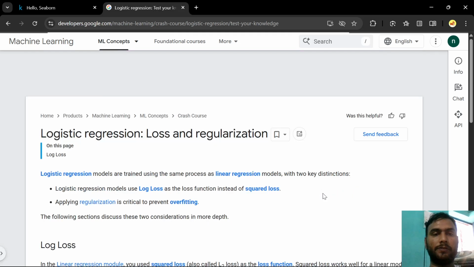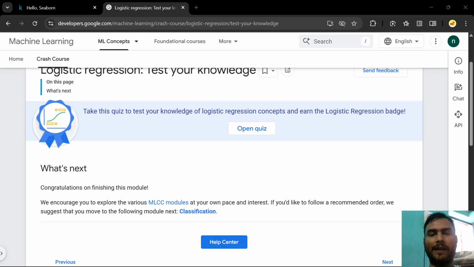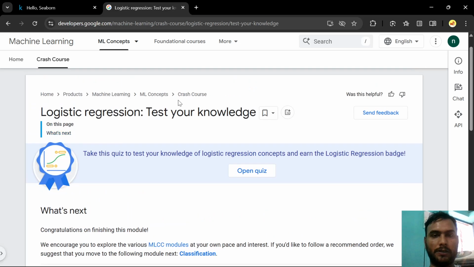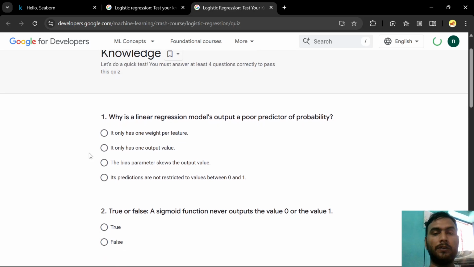Test your knowledge. That's all I have read till now. Let me take this. Why is a linear regression model's output a poor predictor of probability? It only has one weight per feature. It only has one output value. The bias parameter skews the output value.